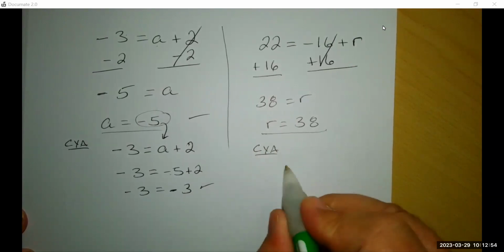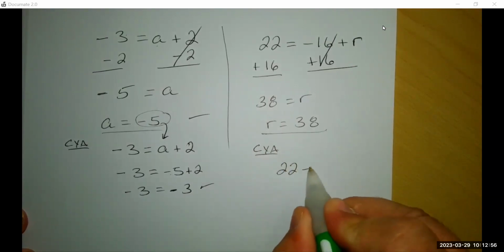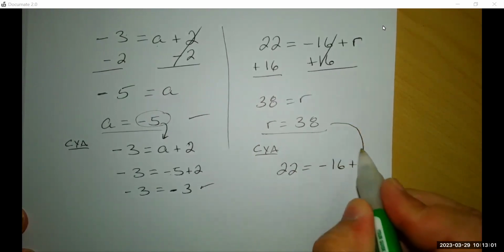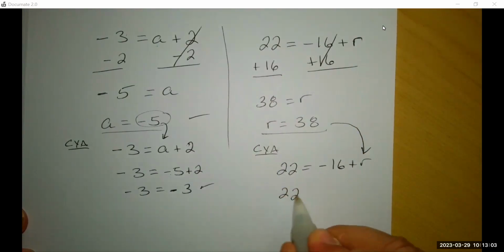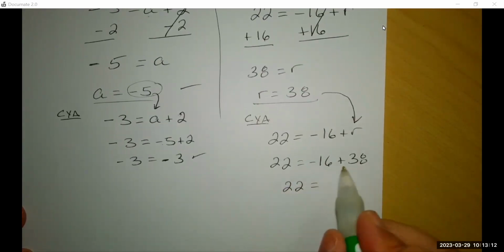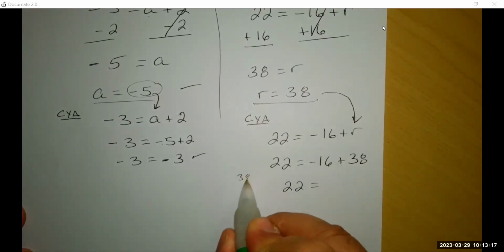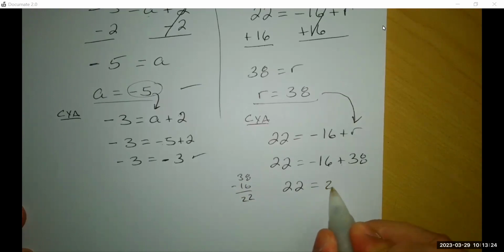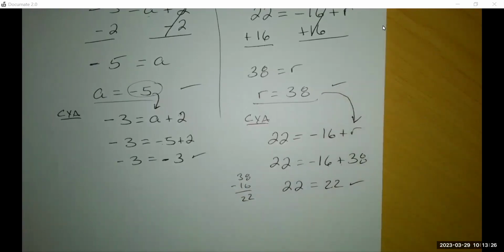Check your answer. 22 equals negative 16 plus R. In place of R, I put 38. 38 is bigger than 16, so the answer is positive. 38 minus 16. 8 minus 6 is 2. 3 minus 1 is 2. The answer is 22. So it's a good answer.